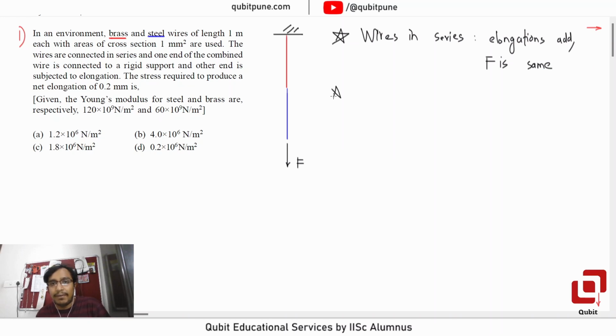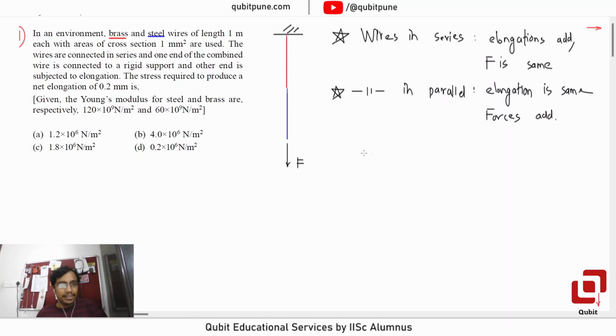And when we have wires in parallel, here elongation is same. For parallel wires elongation is same and forces are added to get the net force. So remember that particular result.